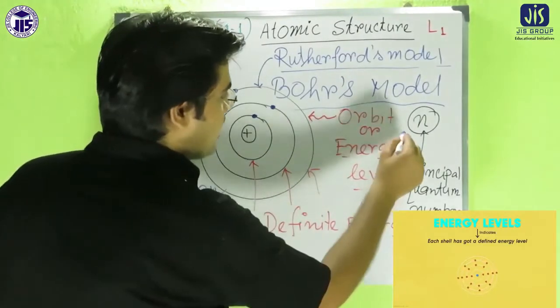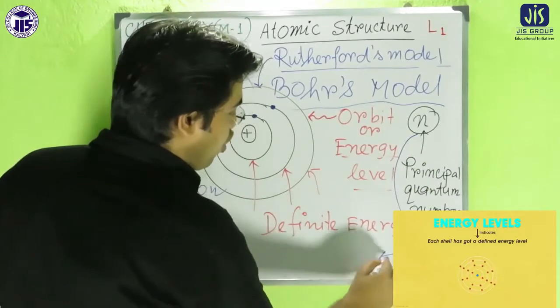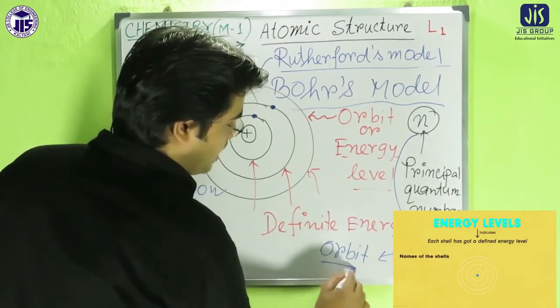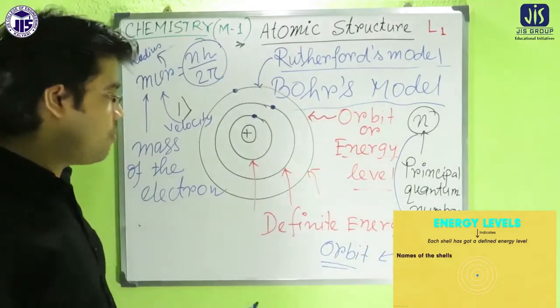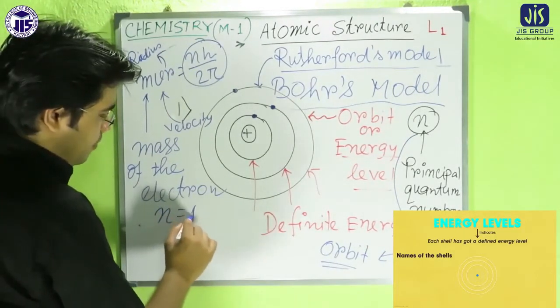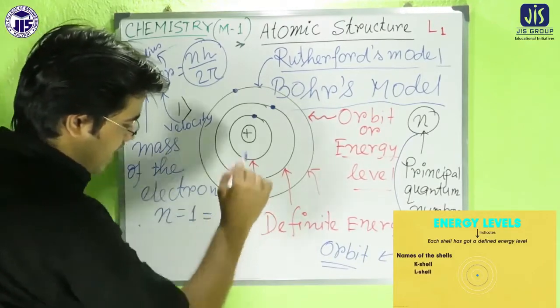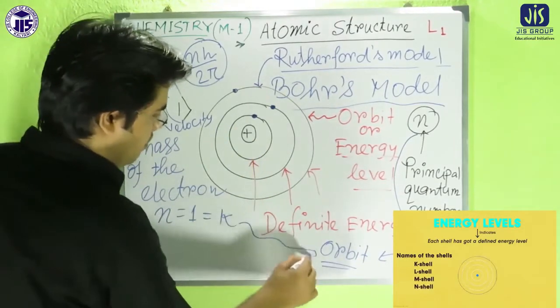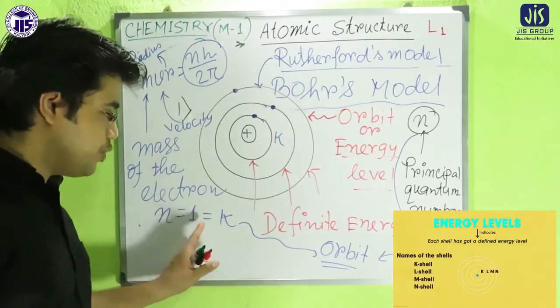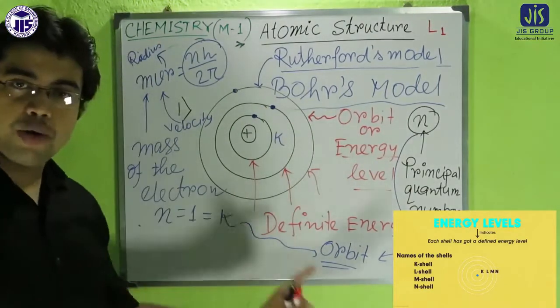The principal quantum number signifies the existence of the orbit. What does that mean? If n equals 1, then it will be the K orbit. For example, this is the K. So if n is equal to 1, it will be the K orbit.